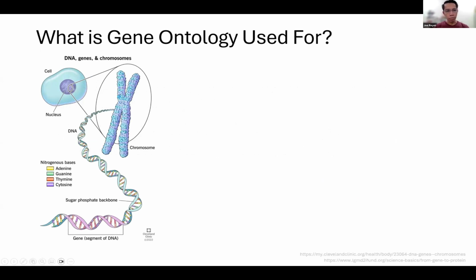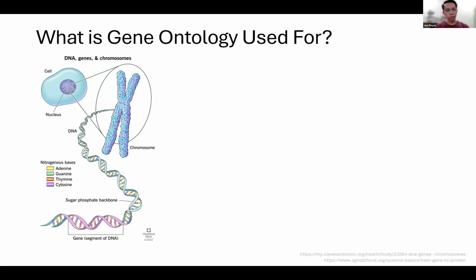Within those chromosomes is a supercoiled packed string composed of DNA, and within this DNA are segments that have a distinct sequence of letters, and that's called a gene. So your gene is the defining alphabet or words or sentences that describe a particular functional unit for the cell to function, essentially.